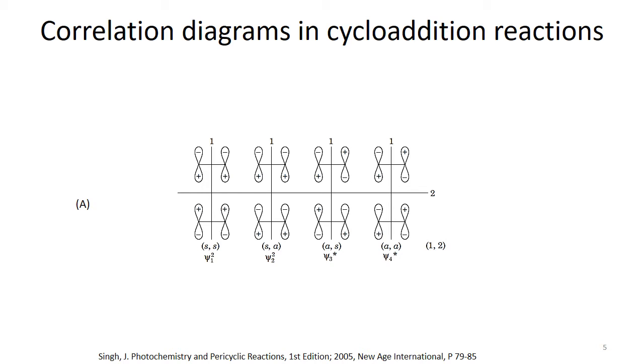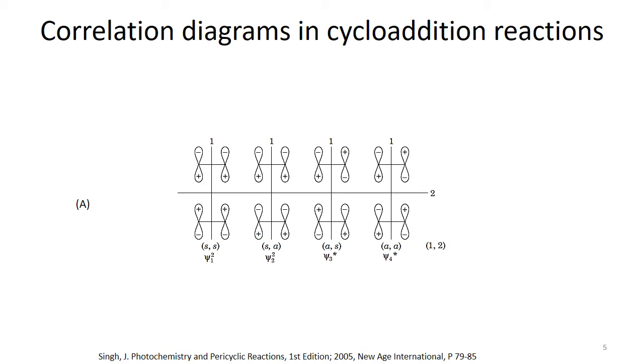So in diagram A, as you can see in the schematic, it illustrates the ethylene molecules' molecular orbitals. And in B, it represents the cyclobutane molecule.